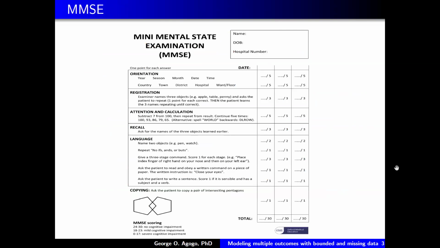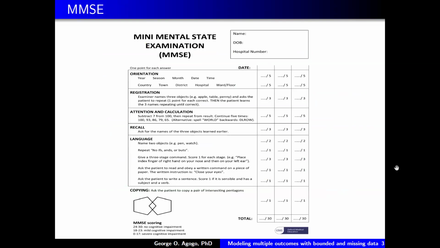Thank you, Terry. Now, this is an example of an MMSE tool for testing global cognitive ability or function. So for example, under orientation, you ask whether they're able to know which year we are in, the season, the month, date, and time. And if they spell those correctly, all of them, they get a score of 5.